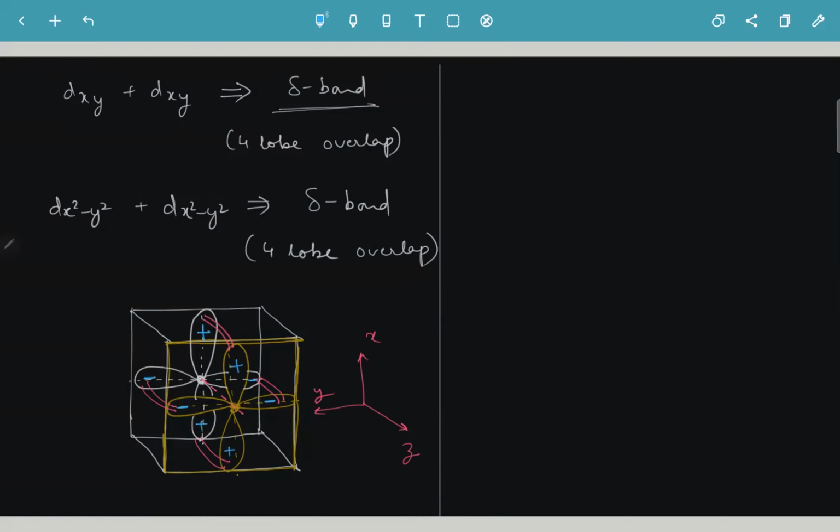A little bit of 3D visualization is required to understand this overlap. Okay.